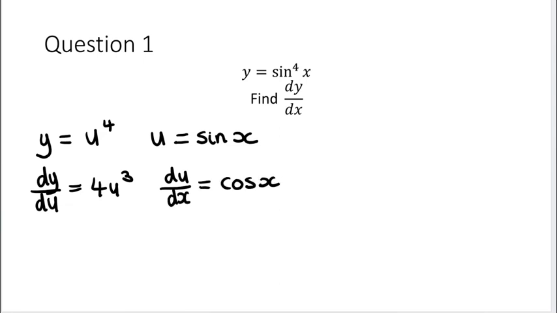We differentiate sine, we get cos. Now, what I need to do is dy by du times du by dx, which gives me the following, and then I just want to substitute back in u equals sine x.